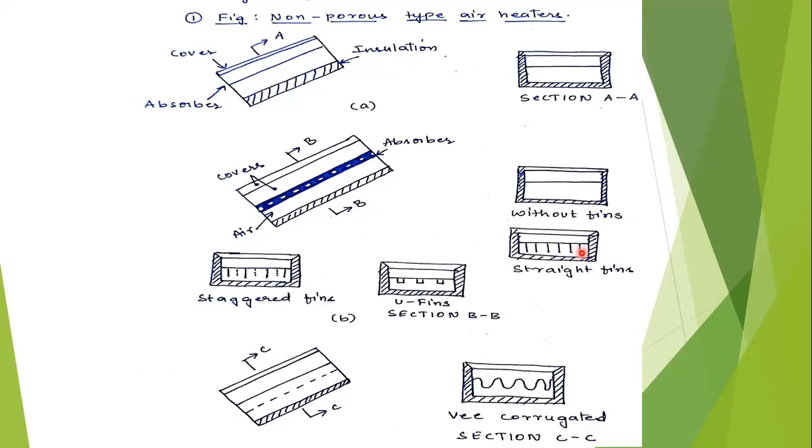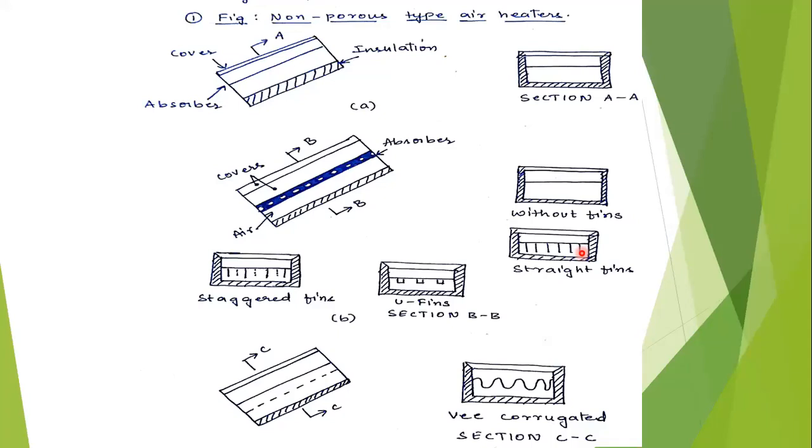These can be improved by roughly two methods. The first one is roughening the rear of the plate to promote turbulence and improve the convective heat transfer coefficient. This heat transfer coefficient will be discussed in further classes. The second one is adding fins.